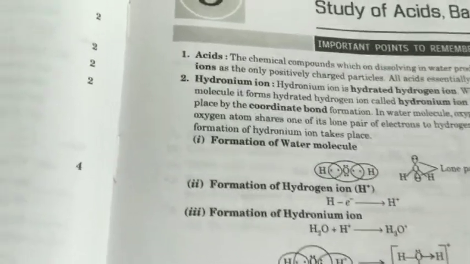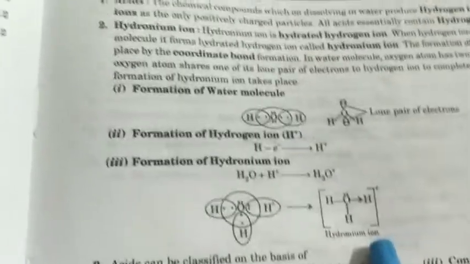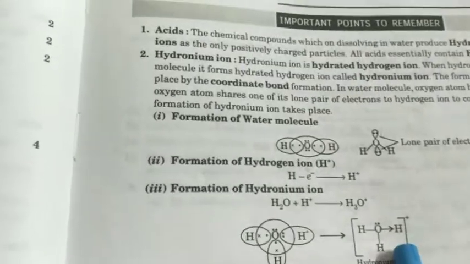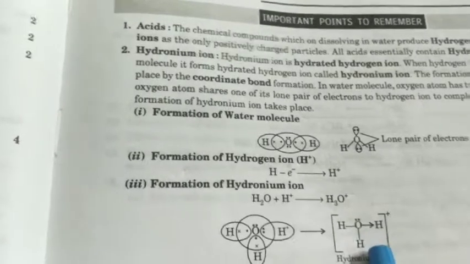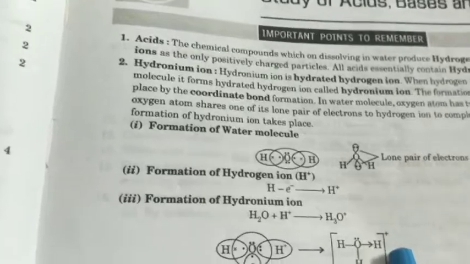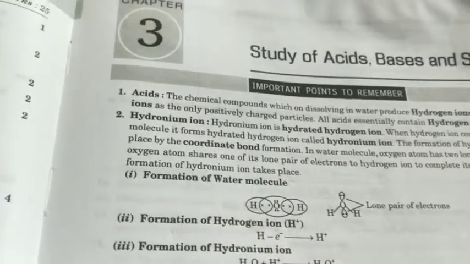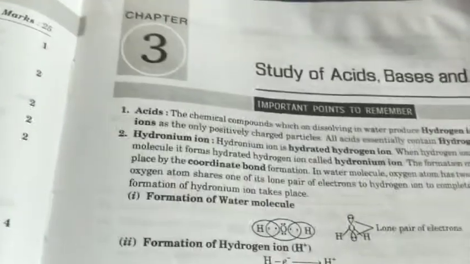You practice it, maybe this diagram will be asked in your exam. Hydronium ion is written in parentheses in this way. For the coordinate bond, a single arrow is shown here, and the positive charge is shown on the bracket.